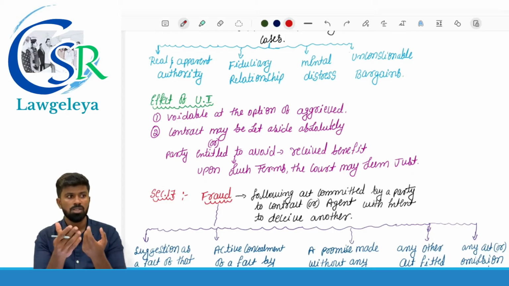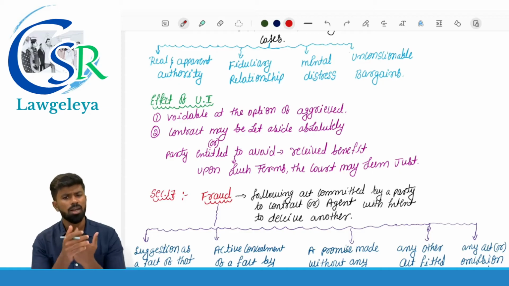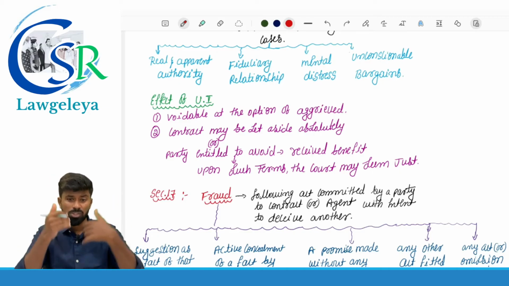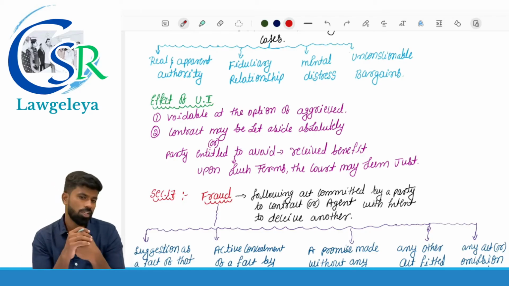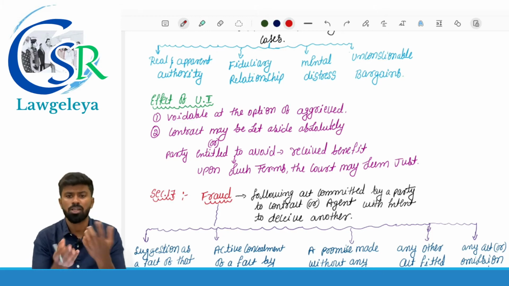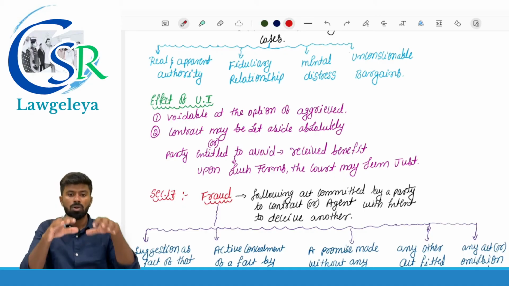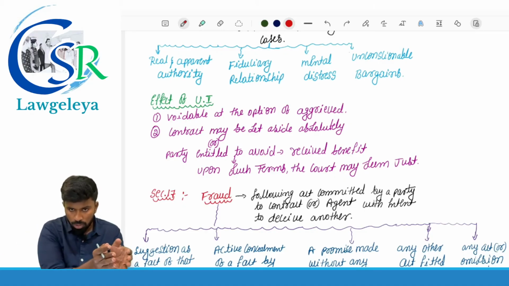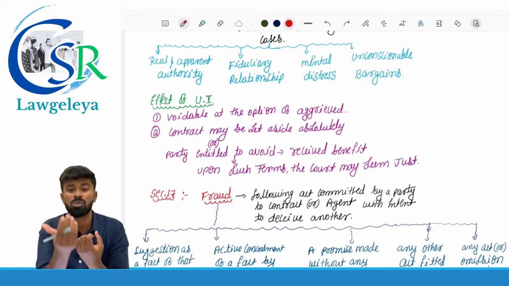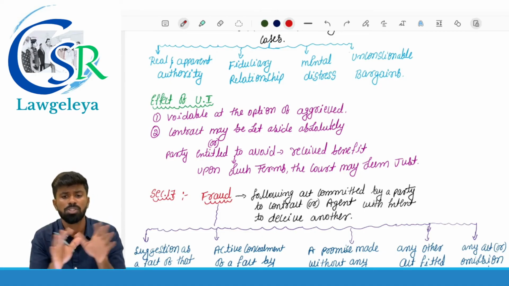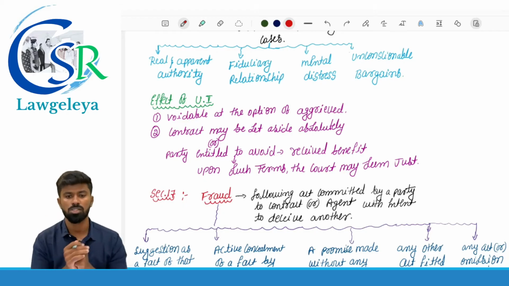For example, a person has taken a loan at a rate of 25%, unreasonable one. Because the person who has a right to cancel it already received some benefit, what can the court do? It can enforce the contract subject to modification. Like the court can say pay reasonable interest, 10%, 12%, valid. So in case of undue influence, the contract can be set aside absolutely, or if the person having a right to cancel it has received some benefit, subject to modification which justice requires.